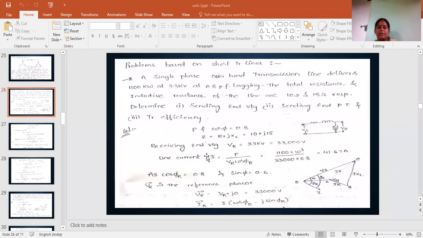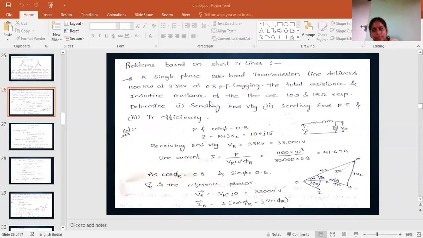I will repeat the problem once again. From the given data, PR value is 1100 kilowatts and VR value is 33 kV. The single phase overhead transmission line delivers, at the receiving end, 1100 kilowatts at 33 kV at 0.8 power factor.